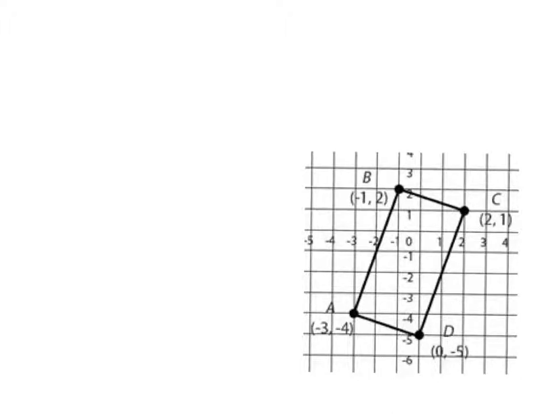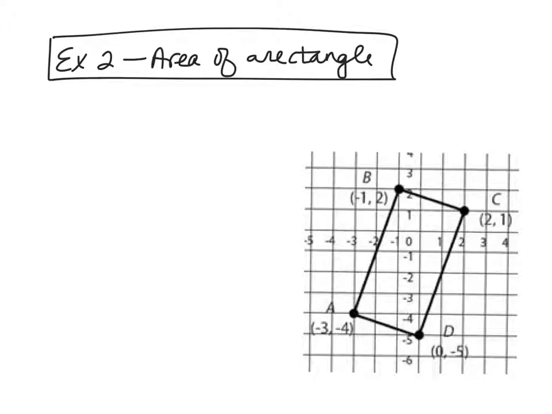Now let's do an example where we're trying to find the area of the rectangle. Okay, so I'm going to start by finding from A to B. And again, I like to use the coordinates. I'm not sure if you can see these very well. The coordinate for B is -1, 2, and for A is -3, -4. So if I look at those distances, -1 and -3 are 2 apart.